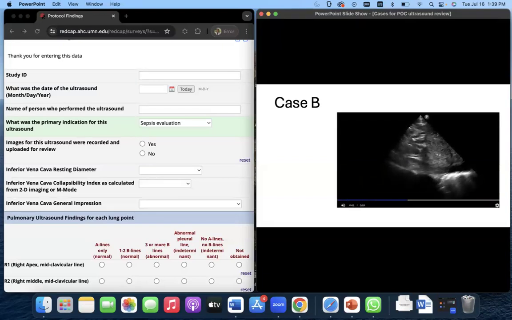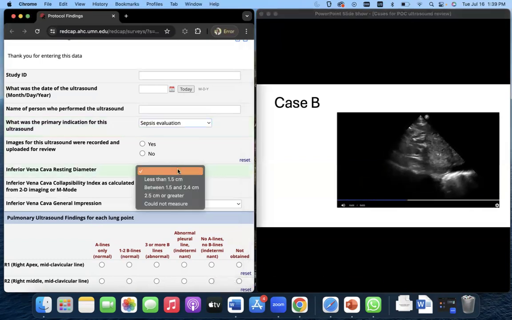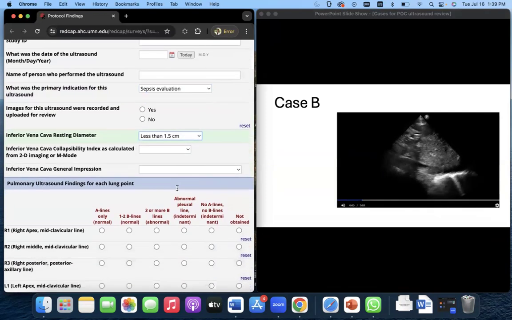You can even just tell, look at how quickly the patient is breathing. His respiratory rate is going very fast, and his IVC is collapsing with each of those little respirations. It's a very tiny IVC. So I think we can say that there's complete collapsibility of that IVC.